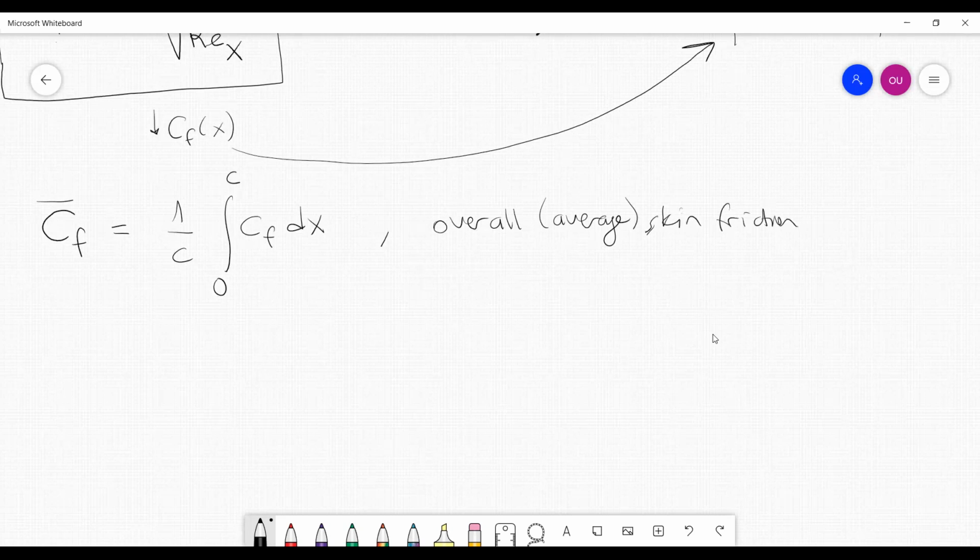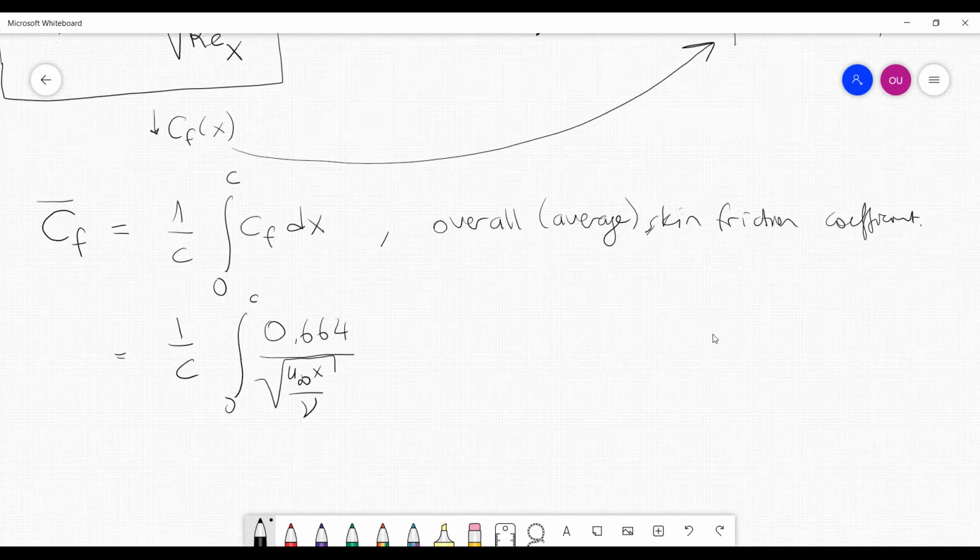Skin friction coefficient, and we just need to do this integration here. So this is 1 over C from 0 to C, and we insert the expression that we get from Blasius solution divided by square root of Reynolds x, so U infinity times x over nu, integrated with dx.